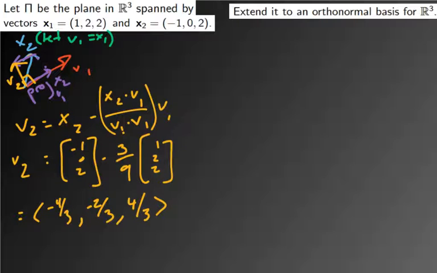A lot of times in these problems you will need to normalize things, but you can scale this right now, and we just need to find the direction part of v2 first. That's the more important thing. So scaling by 3 and getting rid of the fractions would be nice, but you don't have to do that. You can leave it in too.